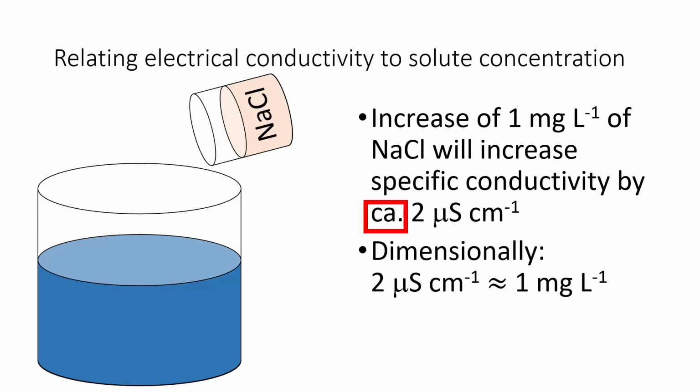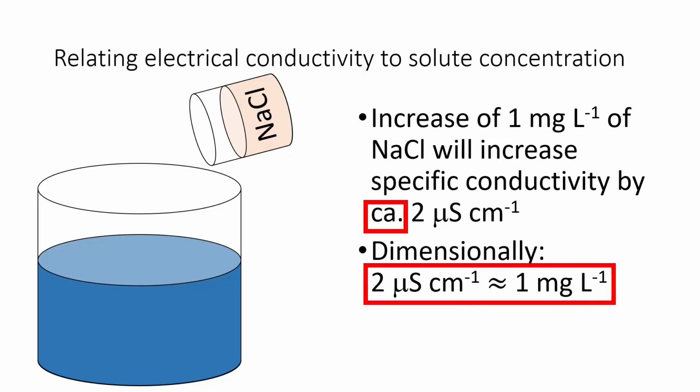We can say those two are just like each other, and therefore we can use that approximate equality to make a conversion from a measurement of conductivity to a measurement of concentration, just like we do a unit conversion using the unit factor method. And I will get to an example of that in just a minute.